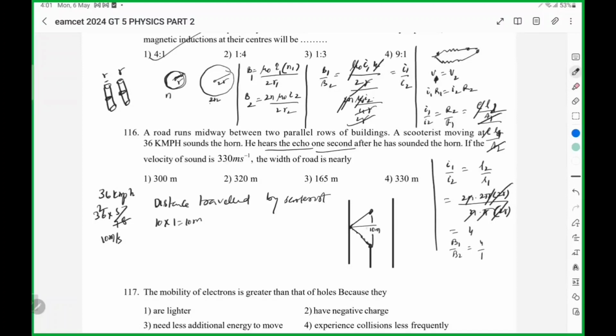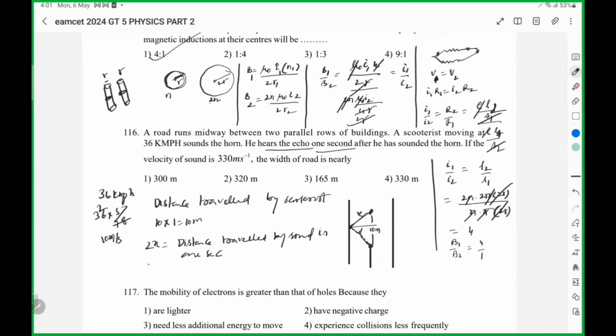This distance, say D, here it is X. X is the distance traveled by the sound. Distance traveled by sound, that is 2x, in fact, in 1 second.